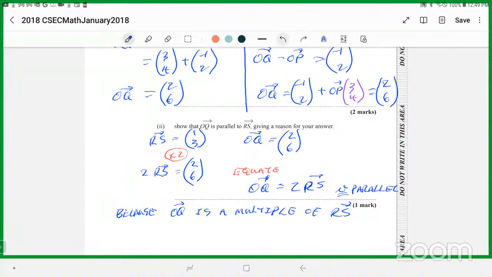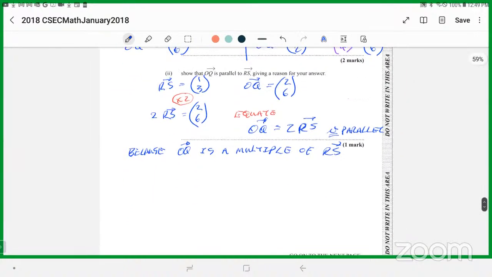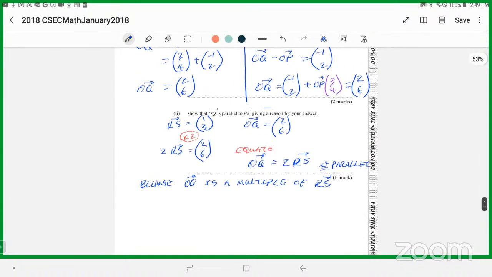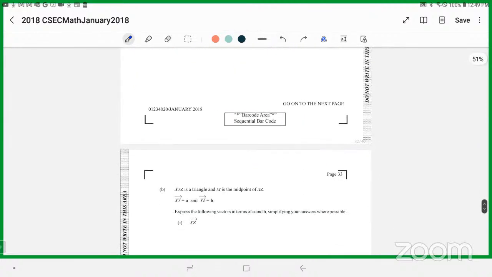OQ is a multiple, it's twice. That's why they're parallel. When two vectors are parallel, one is a multiple of the next. Because they say give reasons, that's why I wrote this. So you write this equation, which means that they're parallel, but because it also says give reasons, I wrote out that statement there. I have to make sure that I get my marks.